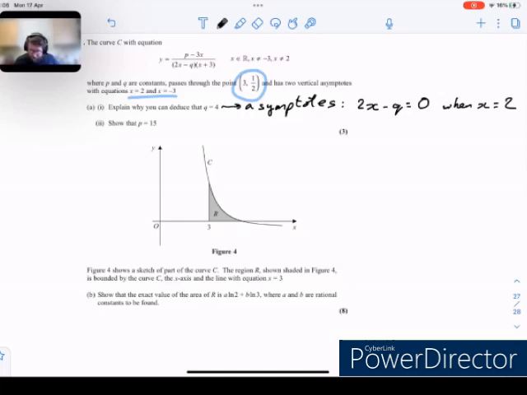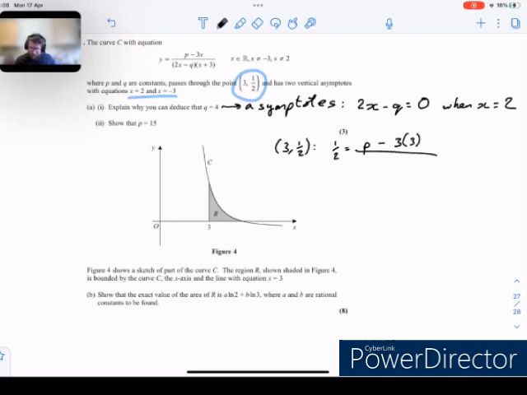For this, we're going to use the fact that (3, 1/2) lies on the line. So that means 1/2 equals (p minus 3x) over, we've got a value for x, it's 3, so 3 times 3.